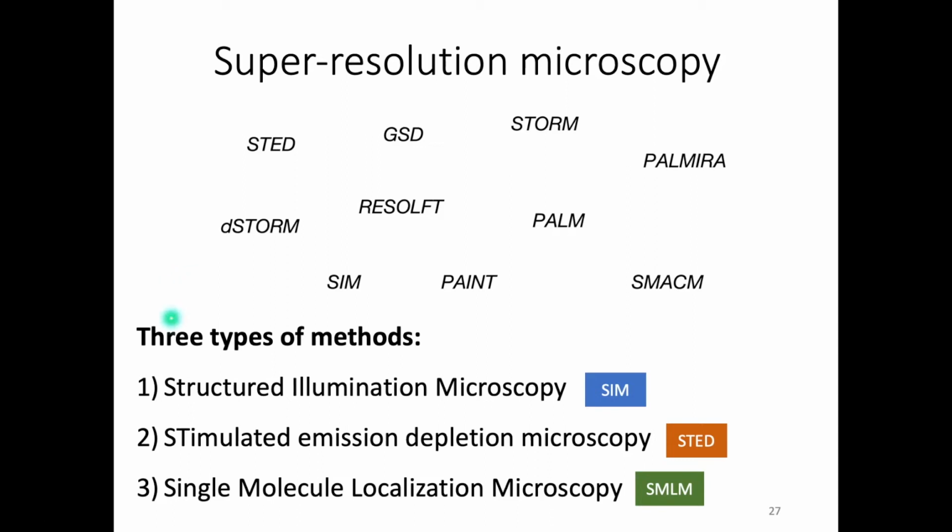The first is structured illumination microscopy. The second is stimulated emission depletion microscopy. And the third is single molecule localization microscopy. They all use very different methods to improve resolution, but other techniques all fall within those three categories. I'll use the abbreviations SIM, STED, and SMLM to indicate the different sections of the presentation.